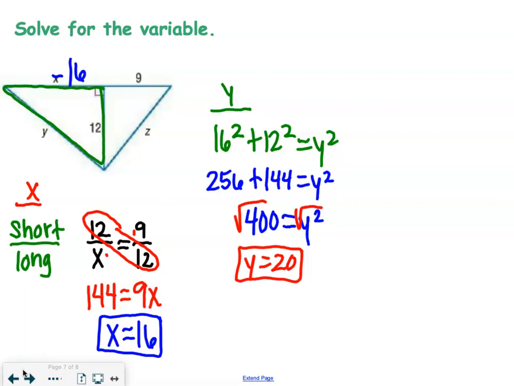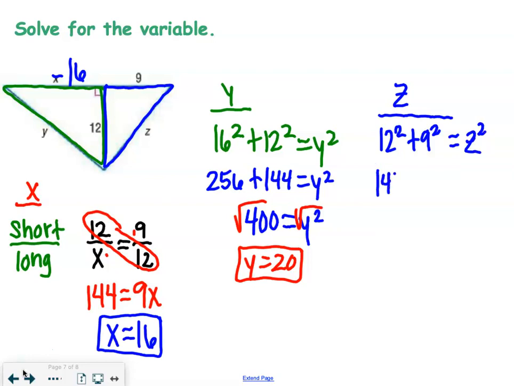All right, one more. We're finding Z, and if we notice here, Z is the hypotenuse of that blue right triangle. So I'm going to have 12 squared plus 9 squared equals Z squared. 12 squared is 144. 9 squared is 81.